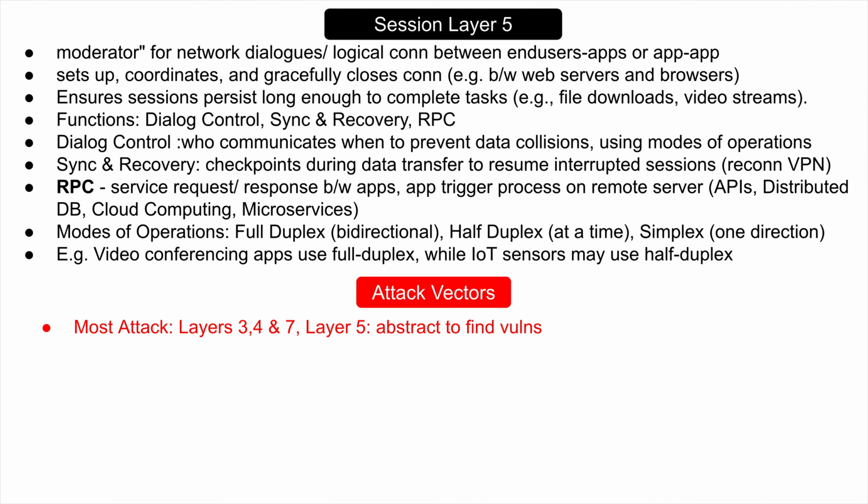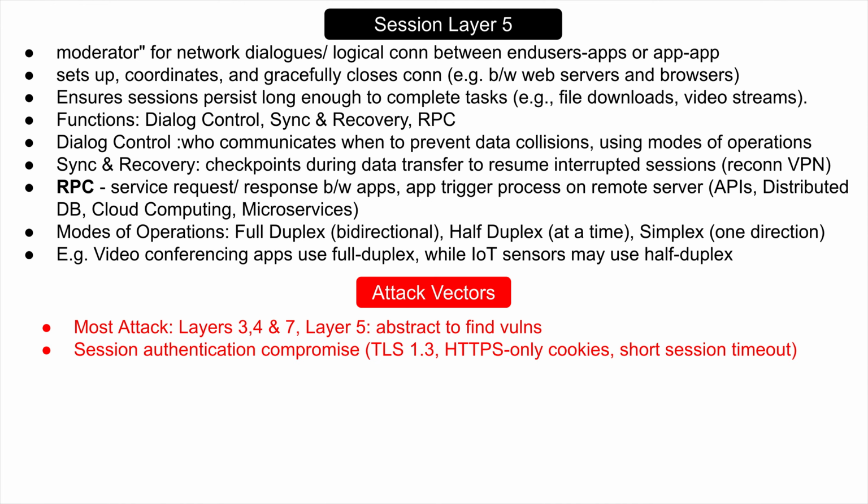However, there are certain attack vectors related to this layer as well, and mostly they are related to the compromise of session authentication while a session is being established. So what we can do is use TLS, or Transport Layer Security, version 1.3, or HTTPS-only cookies or short session timeouts.